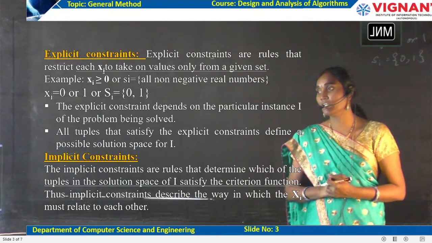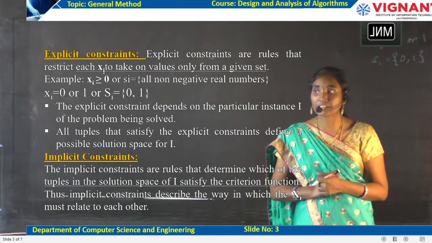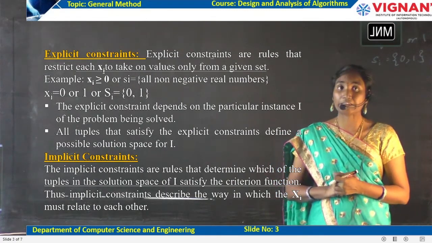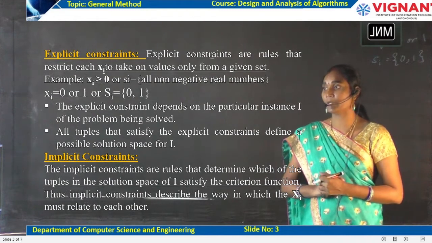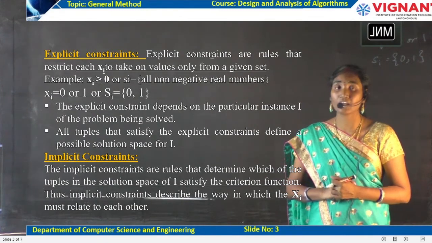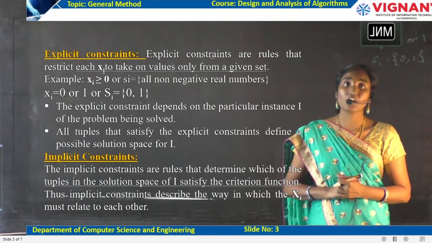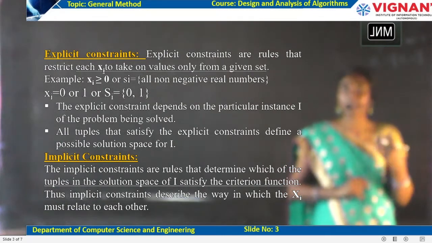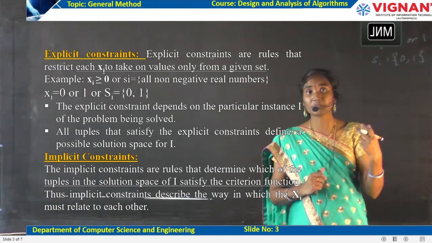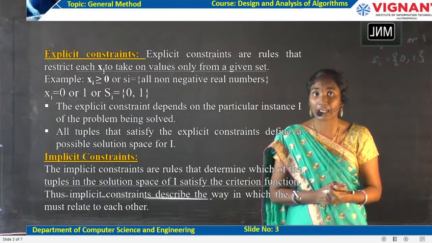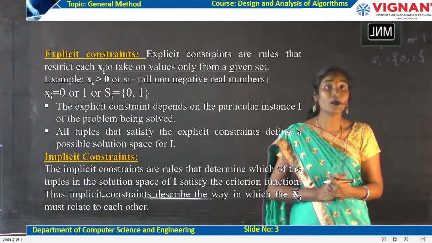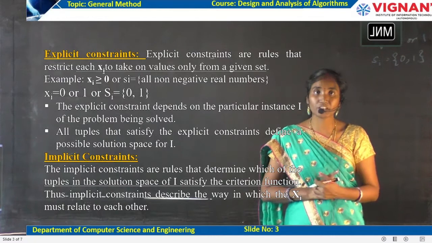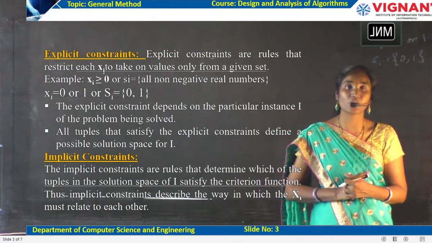Now coming to the implicit constraints. Implicit constraints are the rules that determine which of the tuples in the solution space satisfy the criterion function. Given some criterion function, for example in your knapsack problem, maximize summation pi xi, that is your criterion function, subject to summation wi xi less than or equal to m.